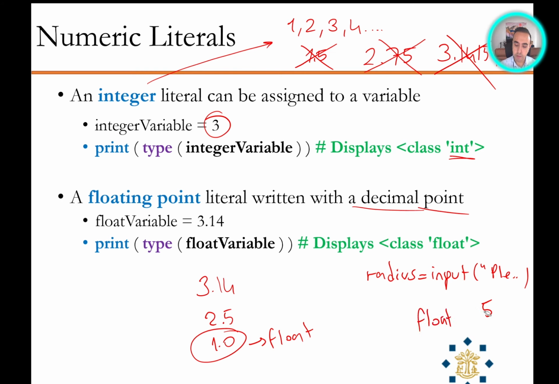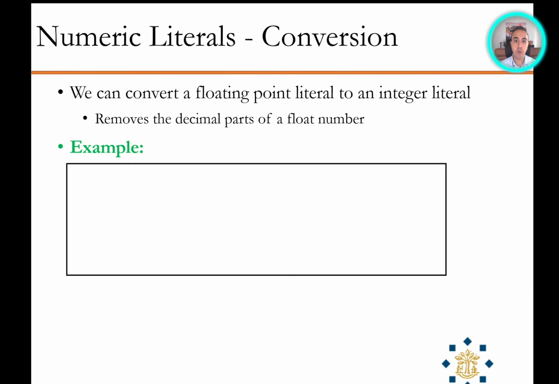So 7.5 used to be a text. Then we said float radius, that's equal to radius. And then we converted the text 7.5 to a number 7.5. Okay, so you can convert the floating point literal to an integer or vice versa.